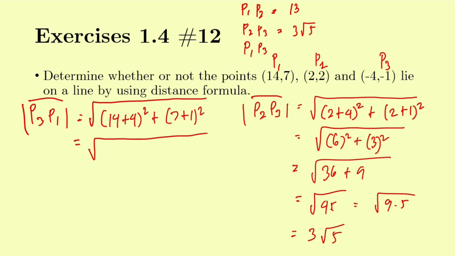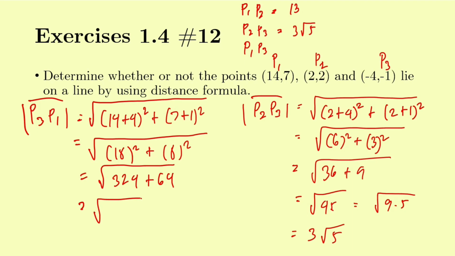That is equal to 18 squared plus 8 squared, resulting in 324 plus 64. To simplify, that's equal to the square root of 388, which is divisible by 4. So we can express this as 97 times 4. So the result is 2 square root of 97.